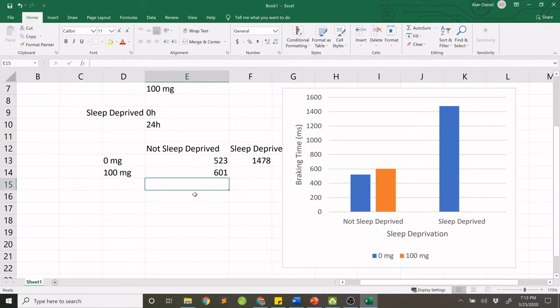So maybe we get something like 601 milliseconds on average for that group. But if they're sleep deprived, maybe you get that little bit of extra arousal, even though they're sleepy. You get something like this.